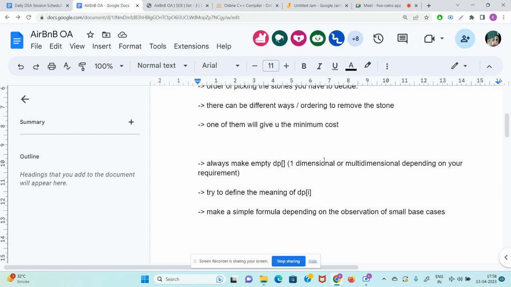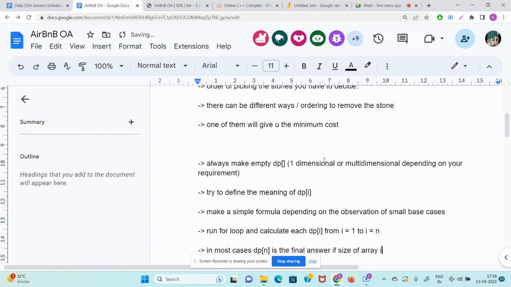So always try to make an empty DP array, try to define the meaning of DP of I, make a simple formula depending on the observation of small base cases, run a for loop, and calculate each dp of I from I equal to 1 to I equal to n. Then in most cases dp of n is the final answer if size of array is n.